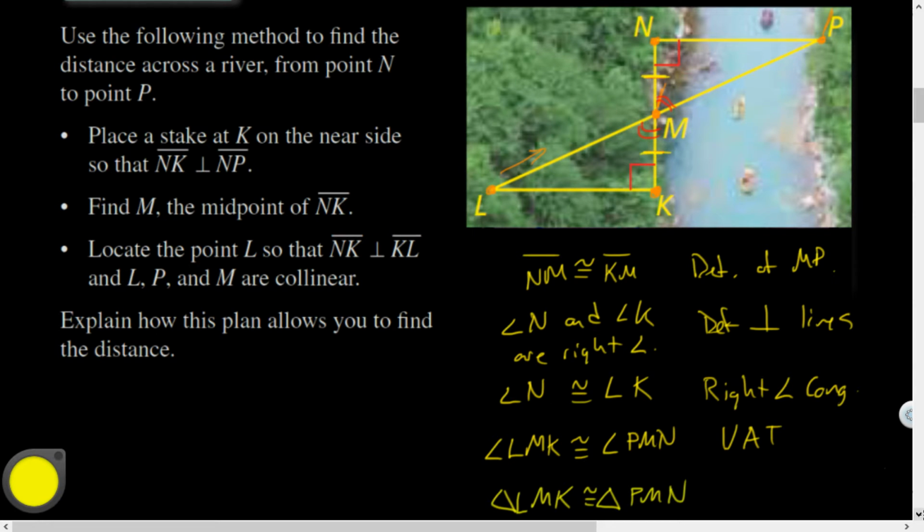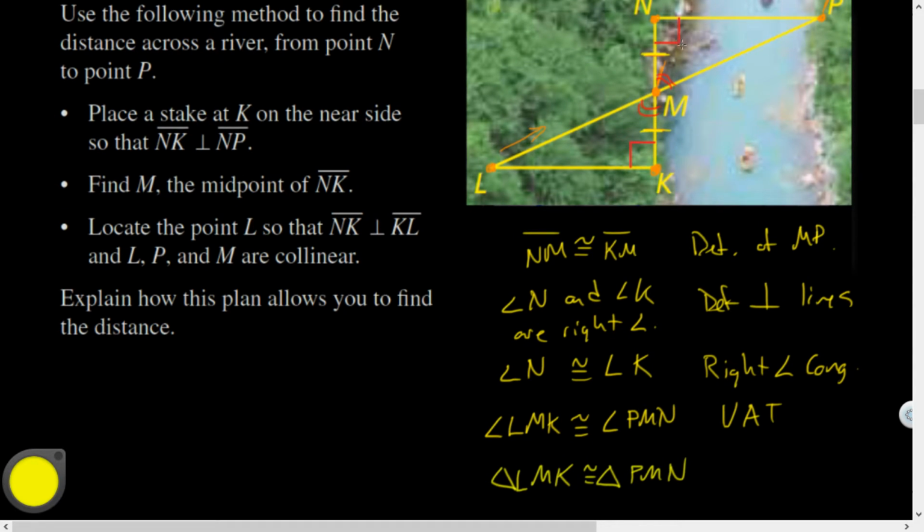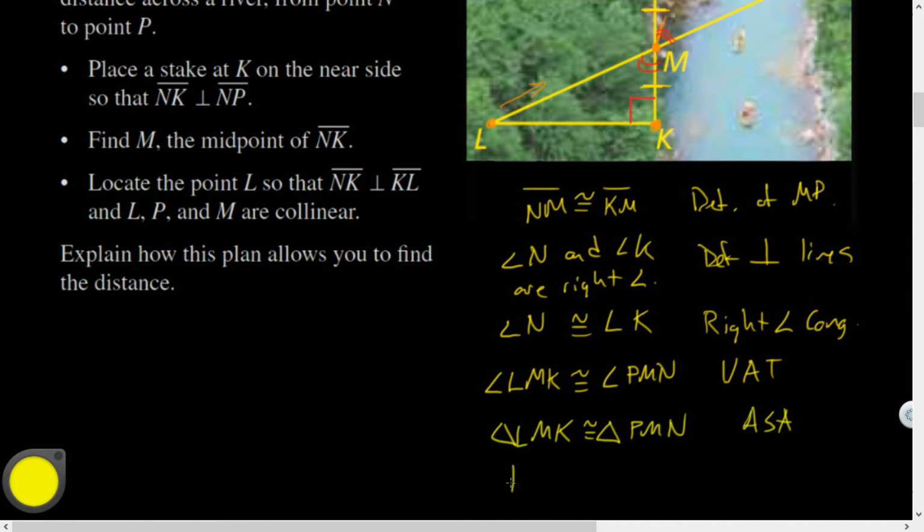Why are those congruent? Angle, side, angle. And that helps us because now I could measure out LK. LK is congruent to PN, because L and K were in the first and last positions there, by CPCTC.